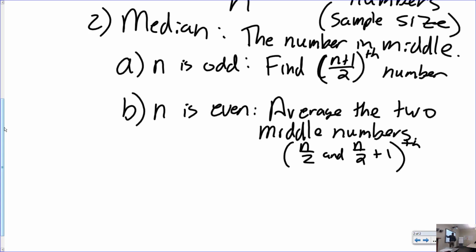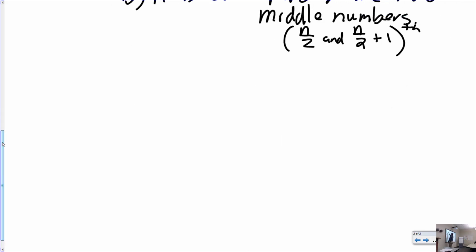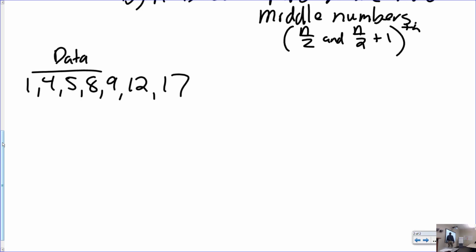So, really quickly, just to be safe, if I gave you that set of 7 numbers, what's the median? Okay, good. I gave you this set of numbers.